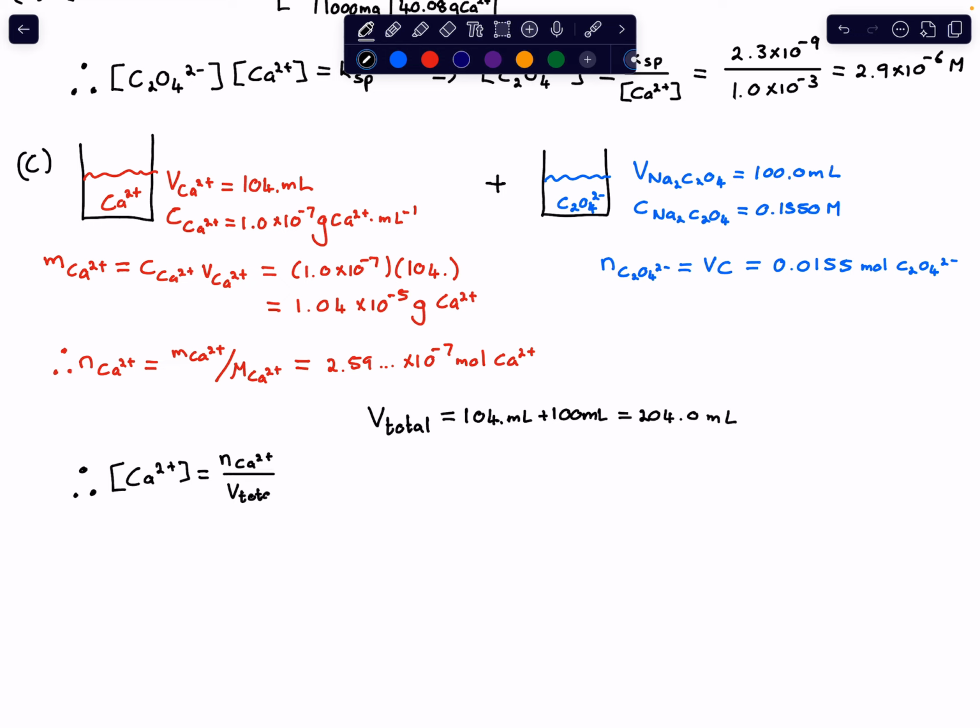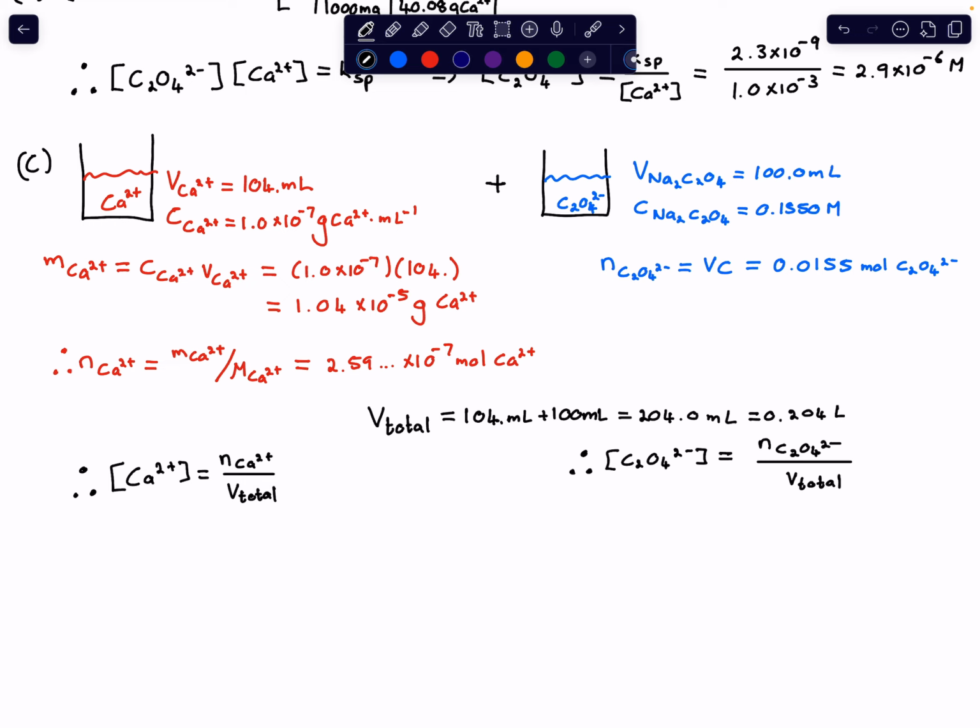And we also have a concentration of C2O4 2 minus, which is also just equal to the number of mole of C2O4 2 minus divided by V total.